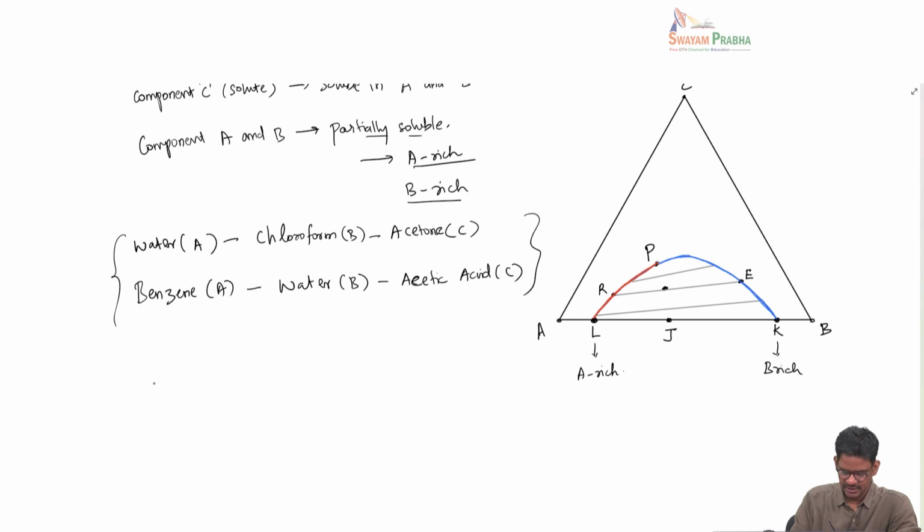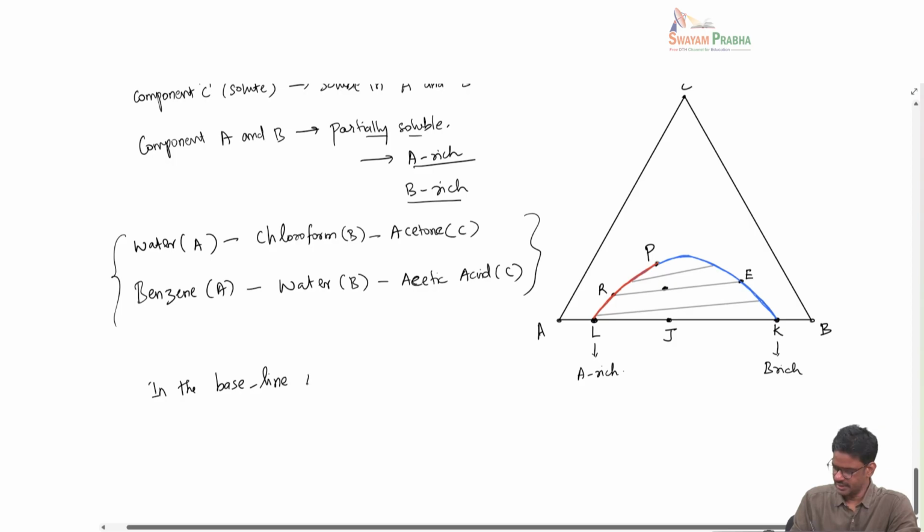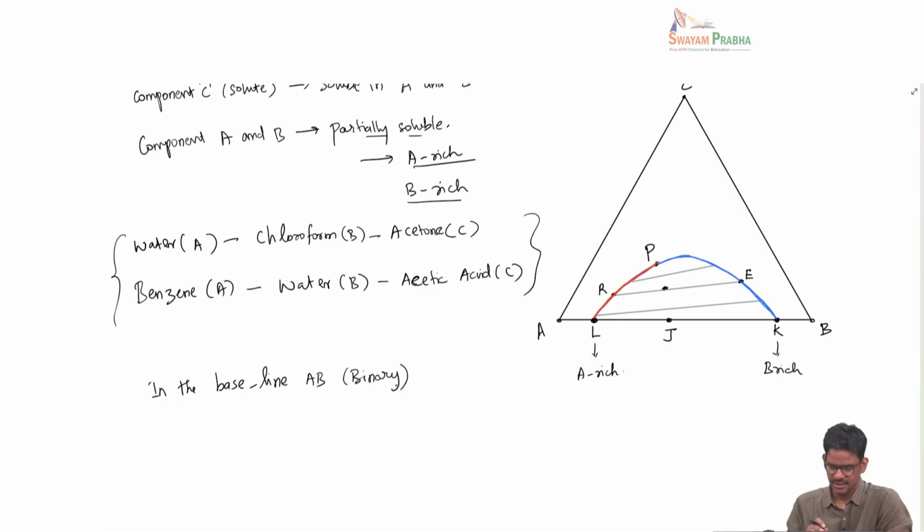So let's write this on the baseline AB, which is a binary system. We have not introduced component C yet. It's just a mixture of A and B, both are solvents. And in the given examples, A and B can be water and chloroform, or it can be benzene and water.